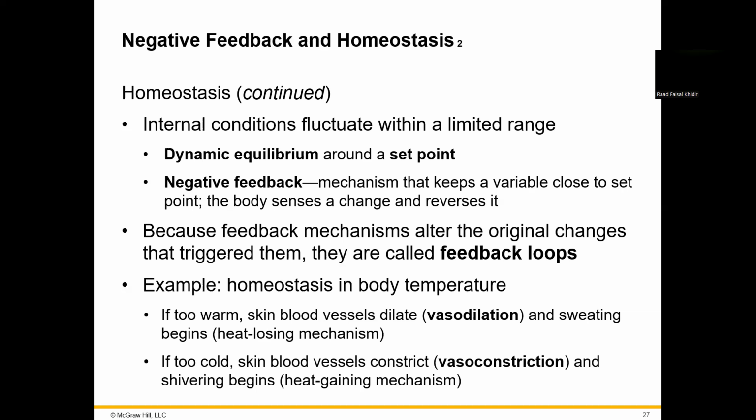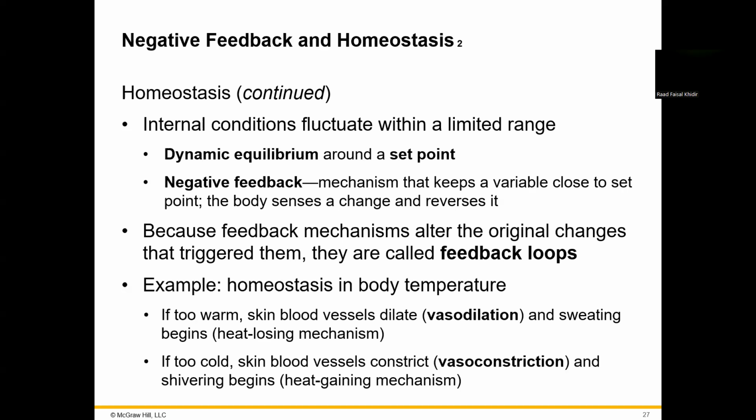Now, so this is negative feedback. So why do we call it negative feedback? Because you were too cold, temperature dropped. When temperature dropped, you shivered, and temperature increased.